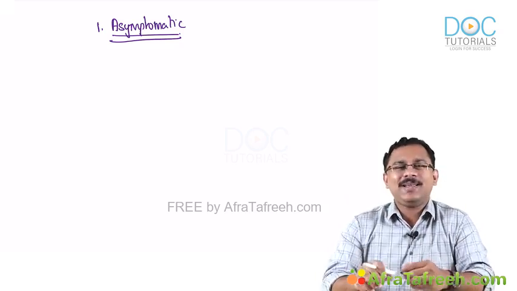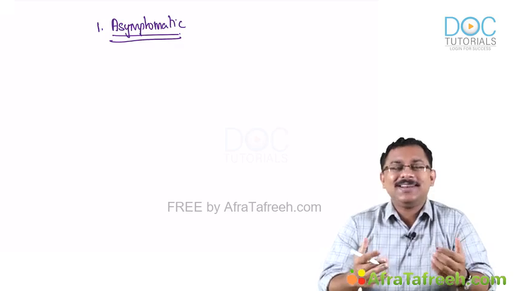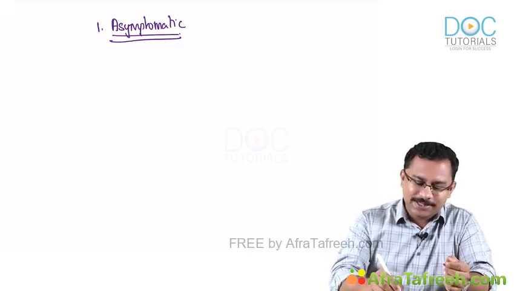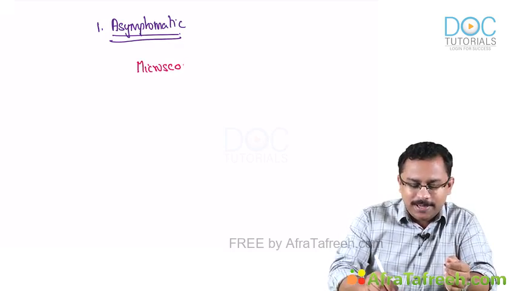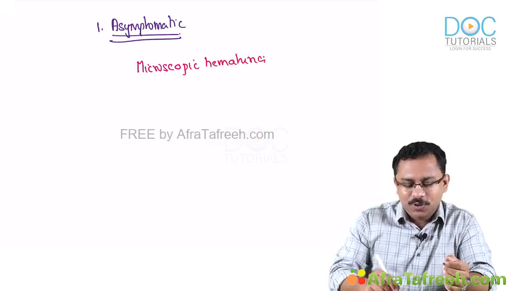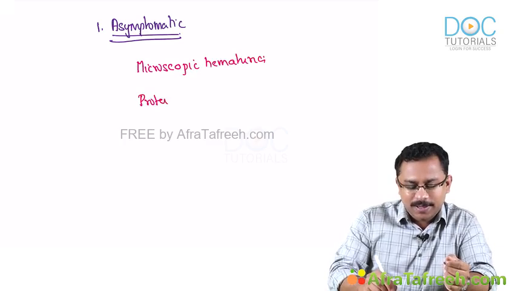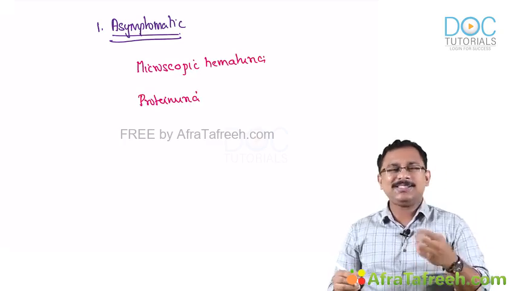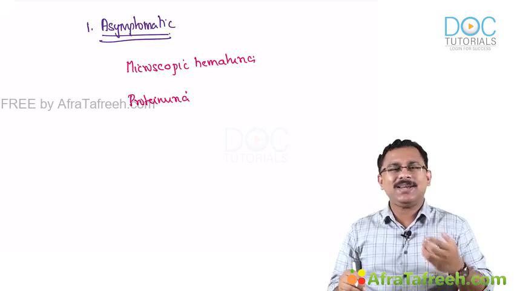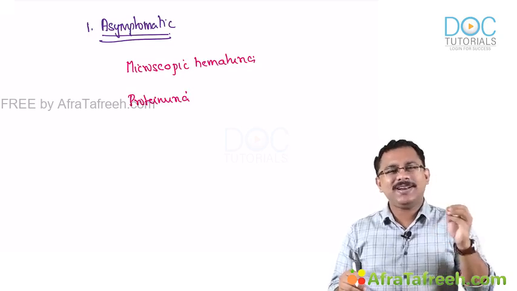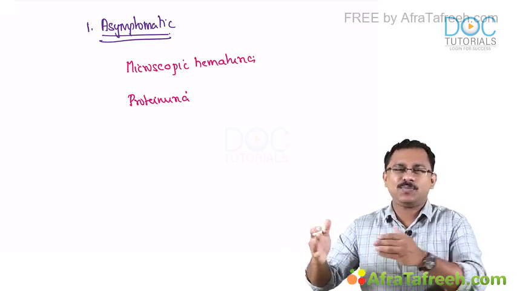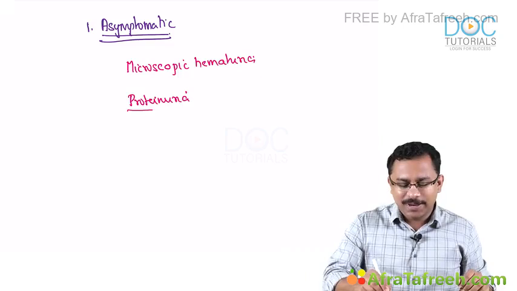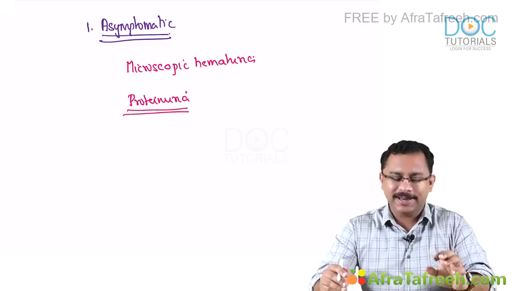When he was subjected to a urine examination, there might be a microscopic hematuria, or sometimes you might have a proteinuria. Since this patient is asymptomatic, most likely it is a non-nephrotic range proteinuria. It is less likely that a patient with a totally nephrotic range proteinuria is asymptomatic.